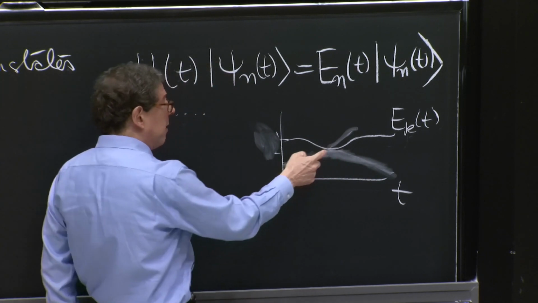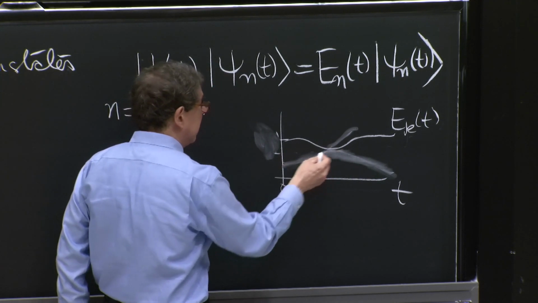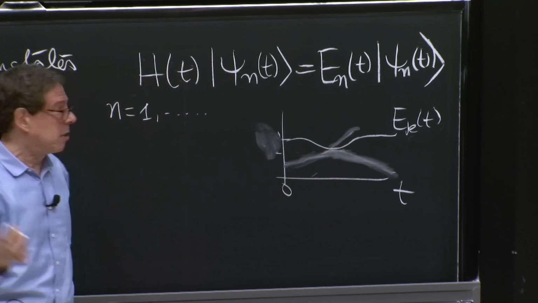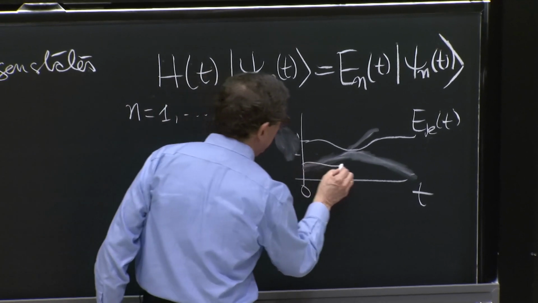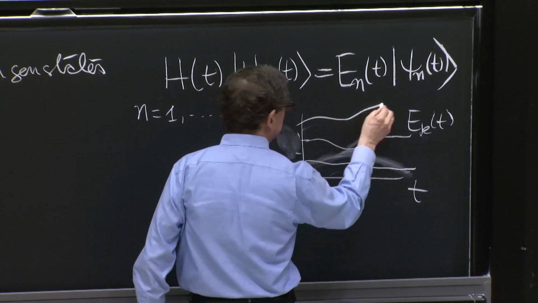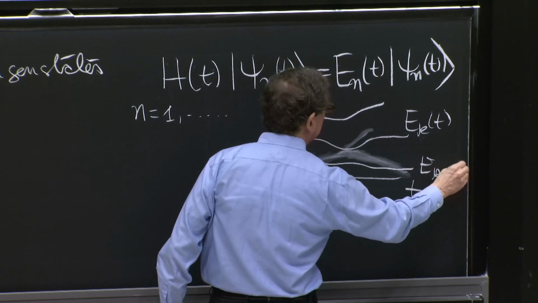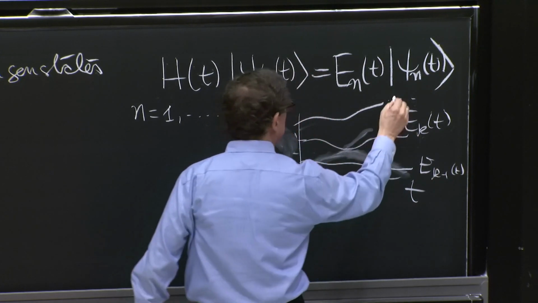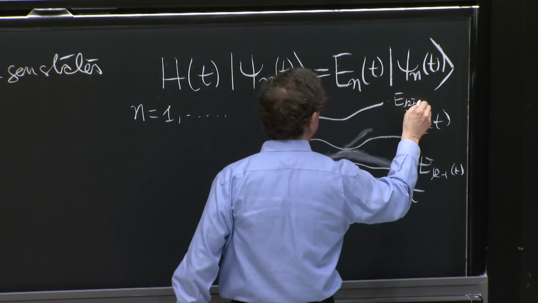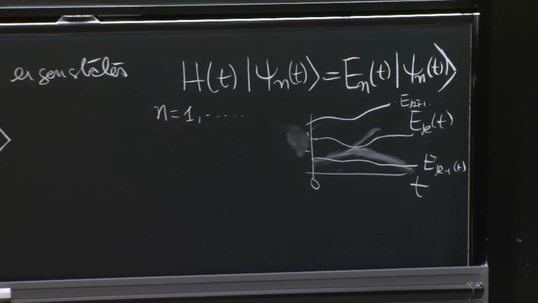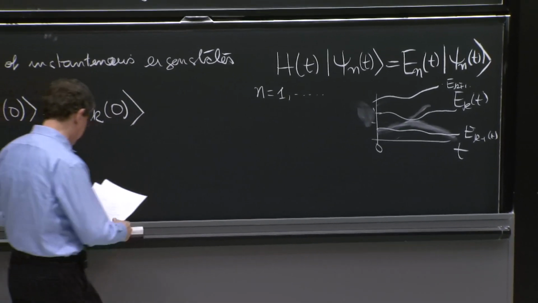And if you find another state that gets very close, the adiabatic theorem or the adiabatic approximation might go wrong. So we want other energy eigenstates. Here is Ek minus 1. And here is Ek plus 1. So you have all these energy eigenvalues as a function of time.